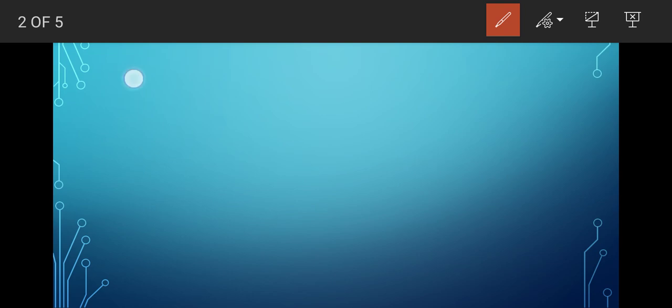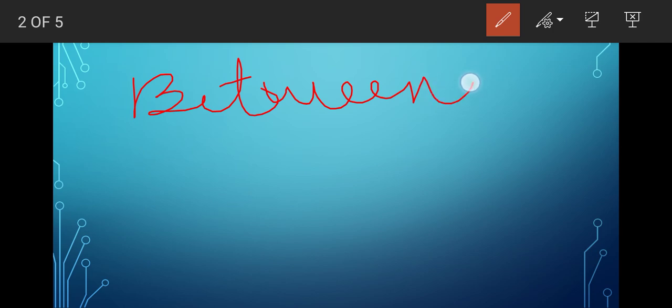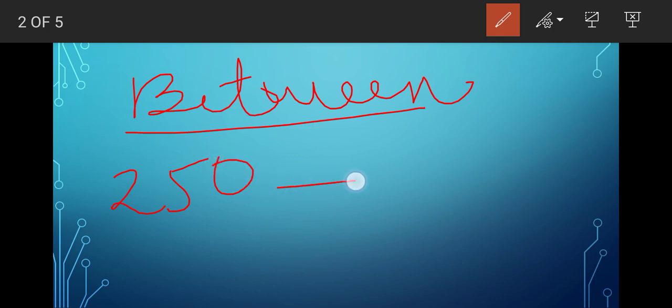Okay, now let us discuss what comes between. Let me write down the heading once more: between. So between means 250 I am writing here, dash and 252. Another number is 275 dash and 277. Between and after is almost the same, because after 250 what comes? 251.